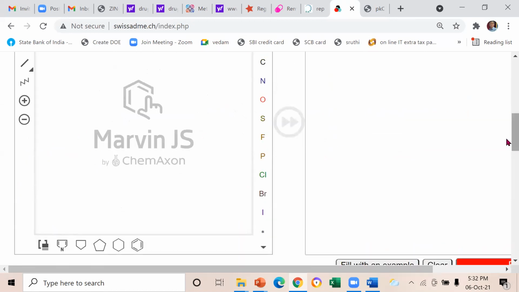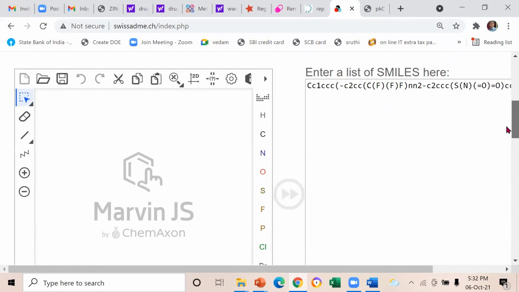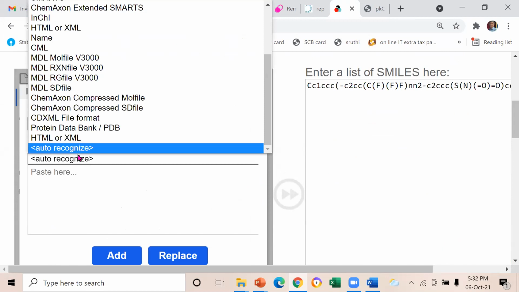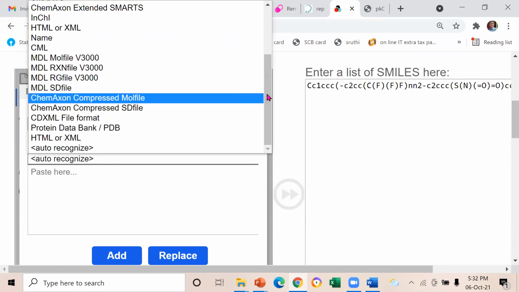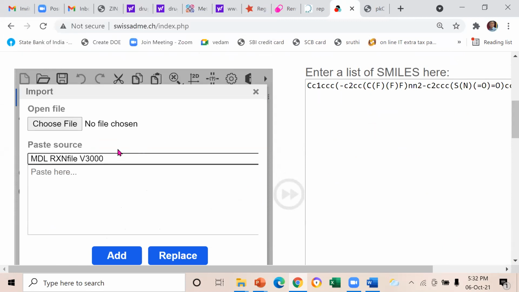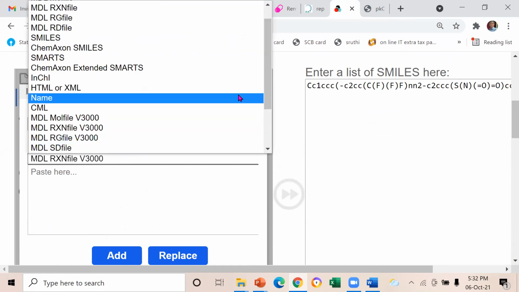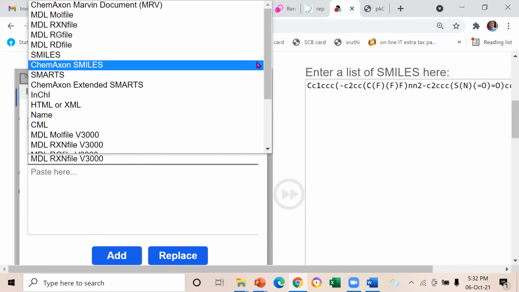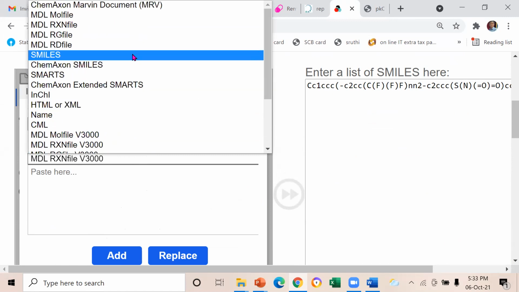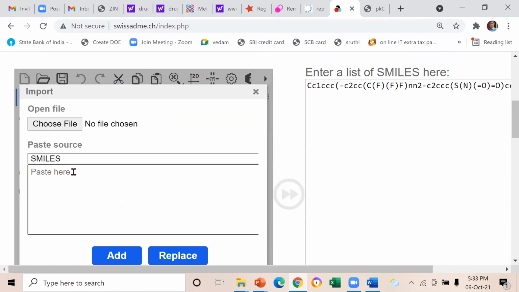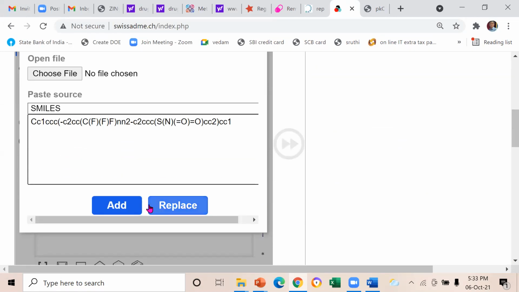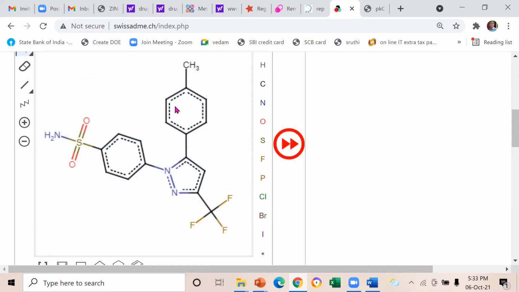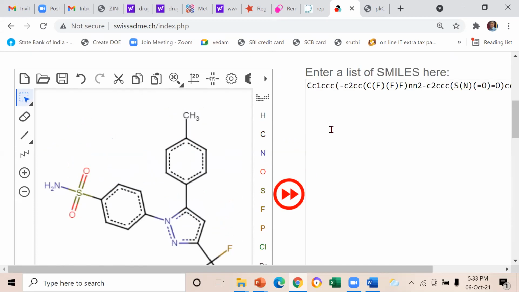Now I want to modify the structure of celecoxib and see whether any properties get changed.